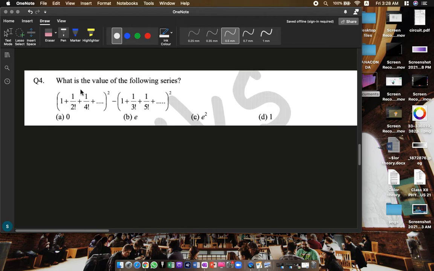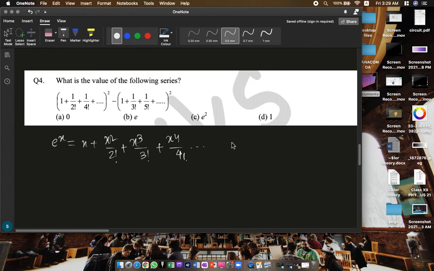Okay, so now here I can see that it is 1 plus 1 by 2 factorial plus 1 by 4 factorial, plus 1 by 6 factorial. The series looks something like e to the power x, right? We know that e to the power x is 1 plus x plus x square by 2 factorial plus x to the power 3 by 3 factorial plus x to the power 4 by 4 factorial.